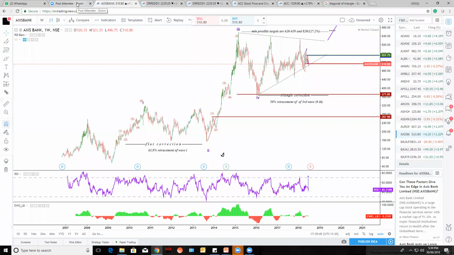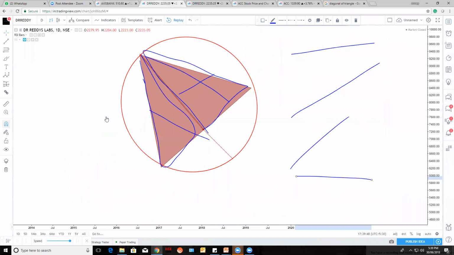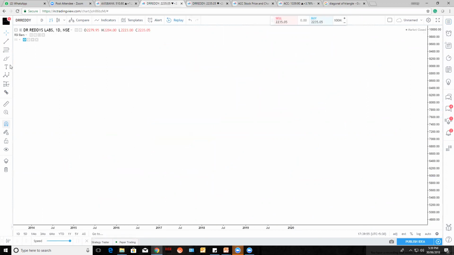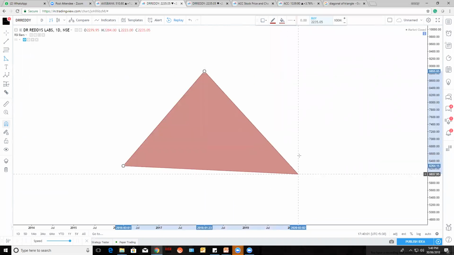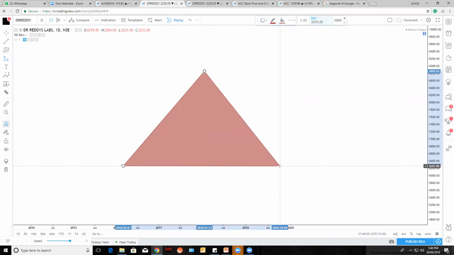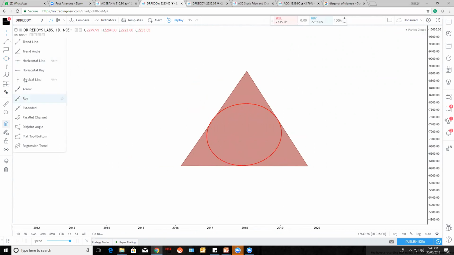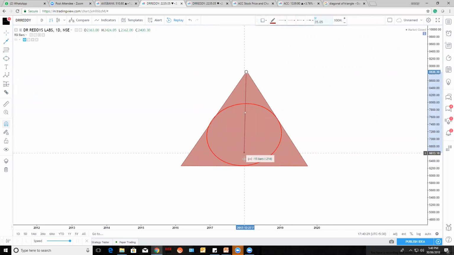So this is a diagonal of the triangle. Any piece you take will be termed a diagonal.